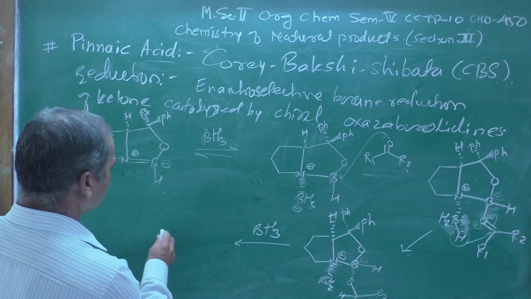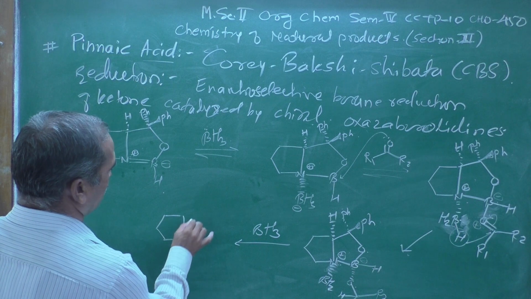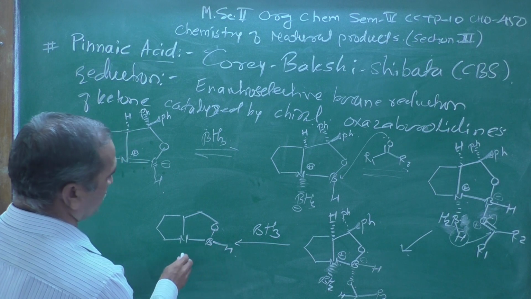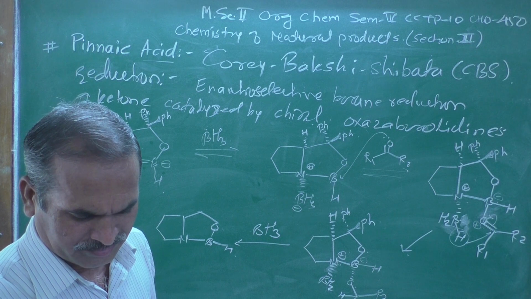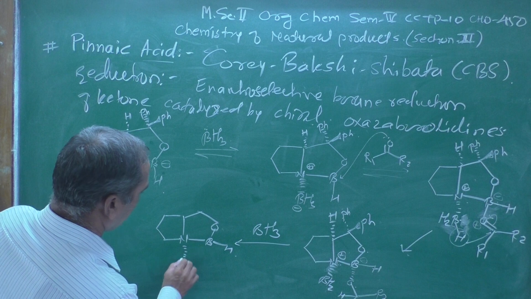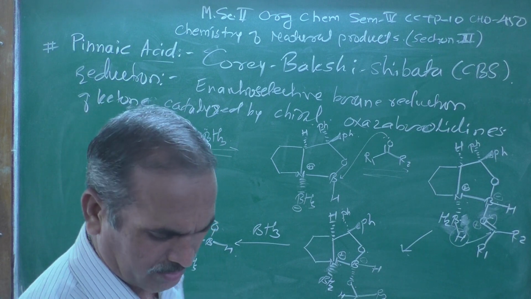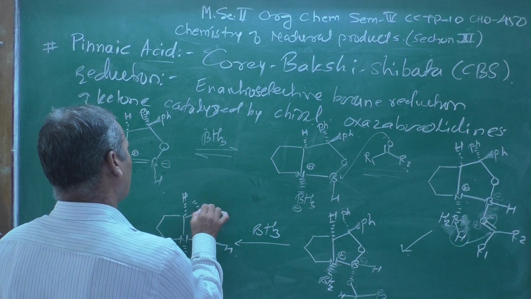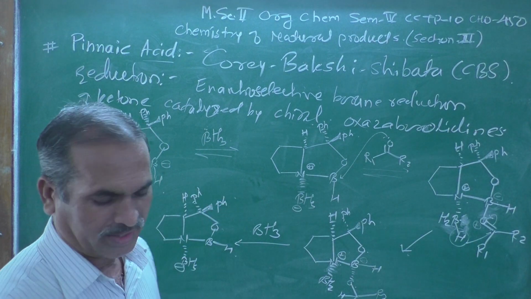Let us see, this is a compound which I am representing over here like this, oxygen atom, then here is a boron BH, here this is a nitrogen atom which has already BH3 with minus charge over there once again, and here the hydrogen atom, one of the phenyl groups and another phenyl group which should be above the plane.